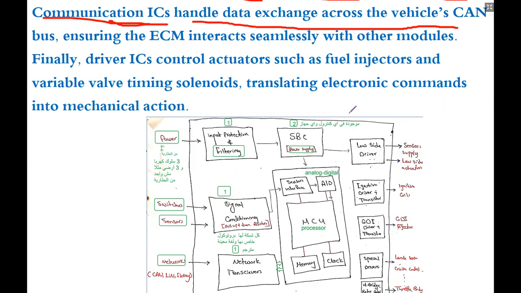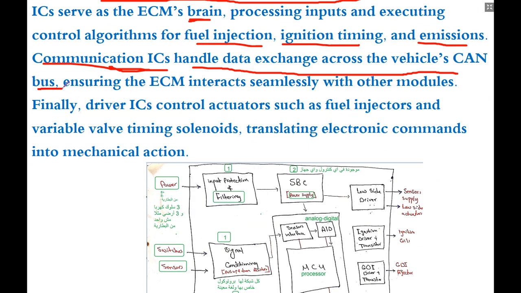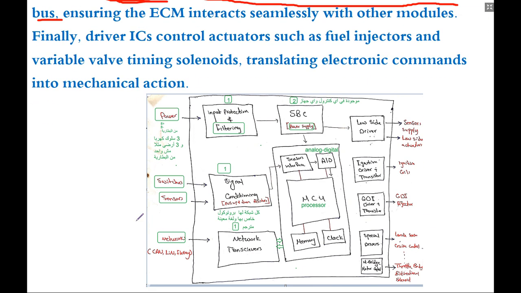Communication ICs handle data exchange across the vehicle. As I told you, the network, this one, CAN bus, ensures that the ECM interacts seamlessly with other modules, with other networks.